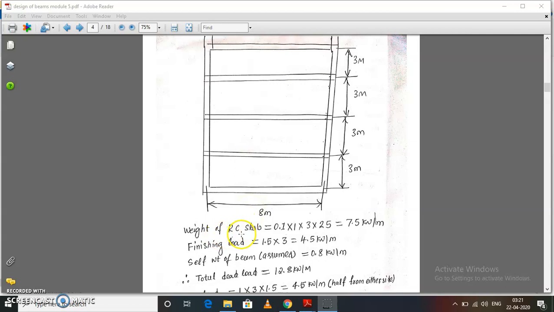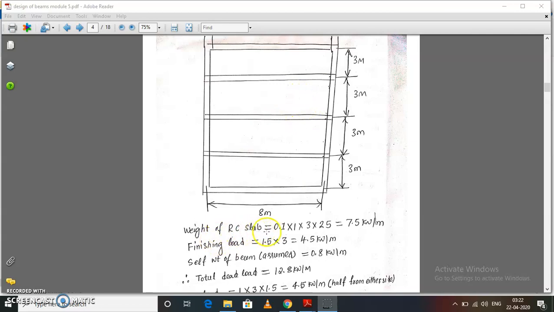Weight of RC slab on the beam: each beam is spaced at 3 meter interval. That means this beam takes load from 1.5 meter on one side and 1.5 meter from the other side. Therefore, the total width of the slab acting on this beam is 3 meter.